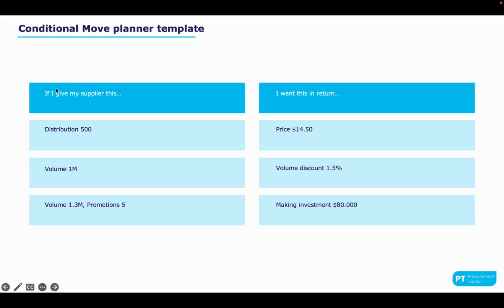So if you give your supplier this, I want this in return. So for example, when you buy 1 million of volume of product X or Y or services X or Y, make sure that in the end of the year you ask of your supplier a volume discount.